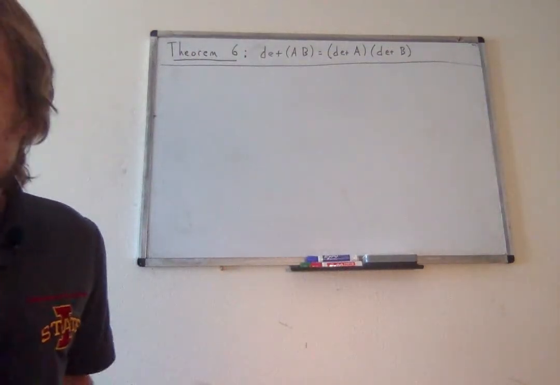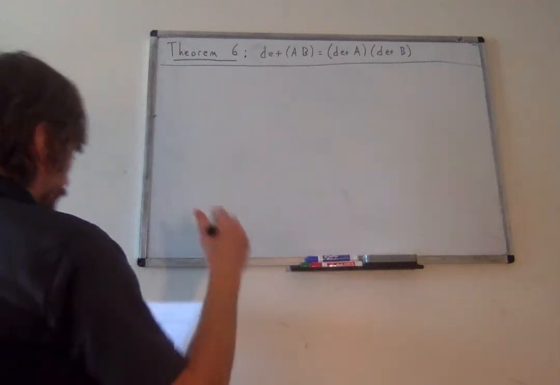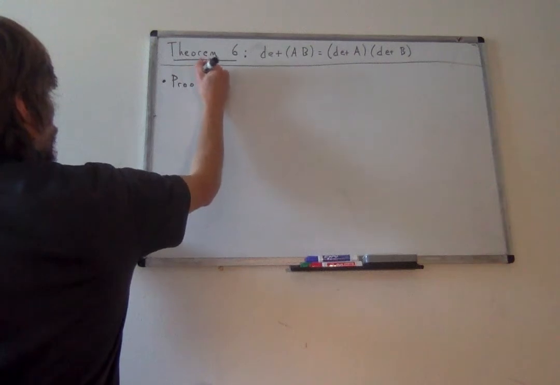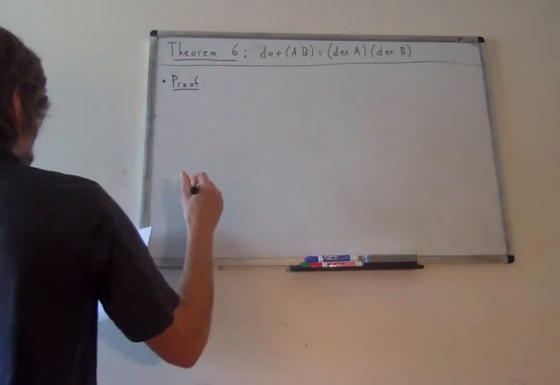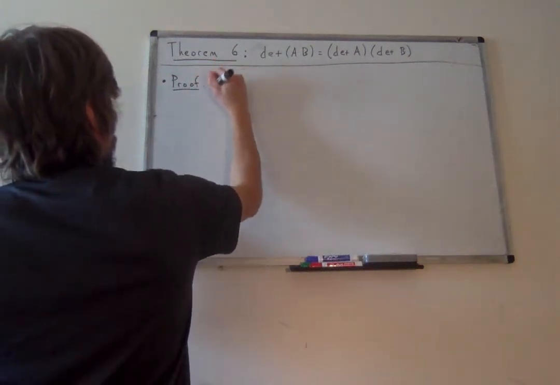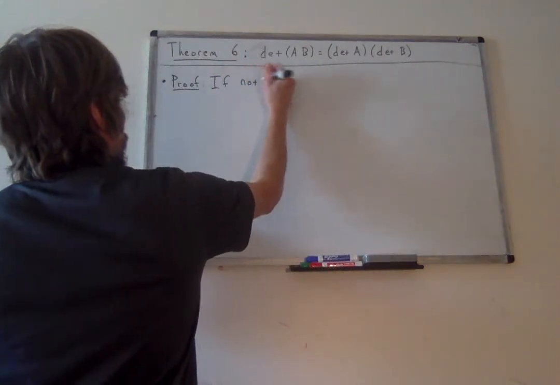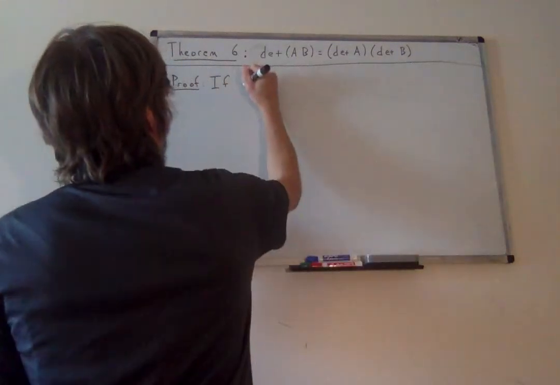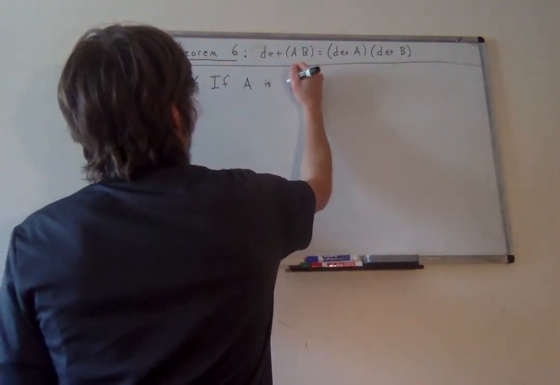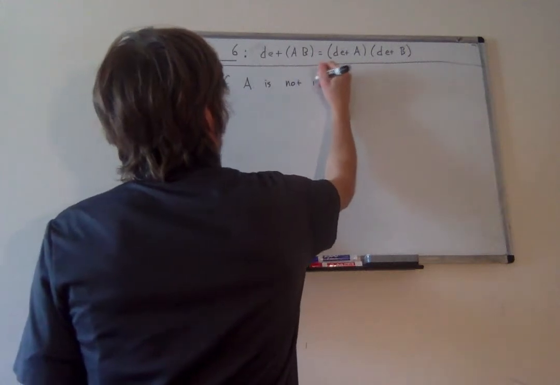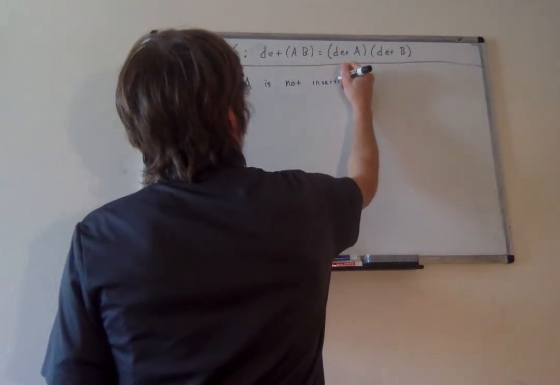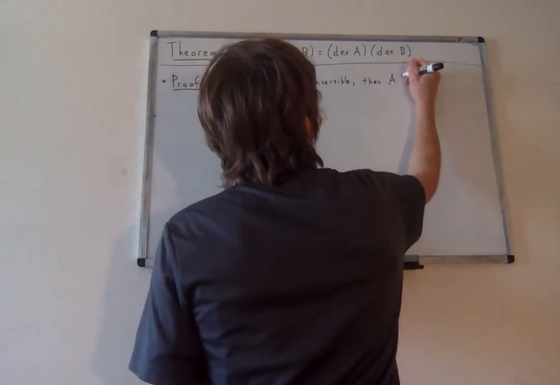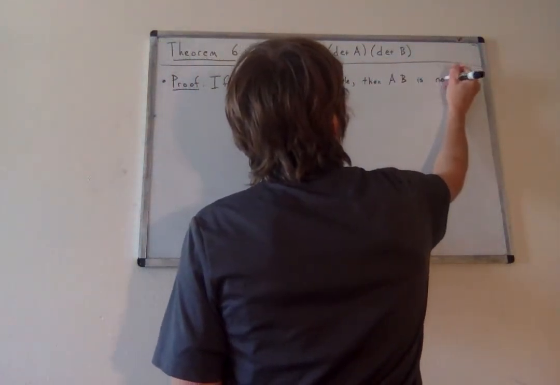All right, so right off the bat, I'm going to have to make one assumption that we haven't technically proved yet, but I think is a reasonable assumption to make. So this is a fact we haven't proven yet, but it is true. If A is not invertible, then A times B is not invertible.